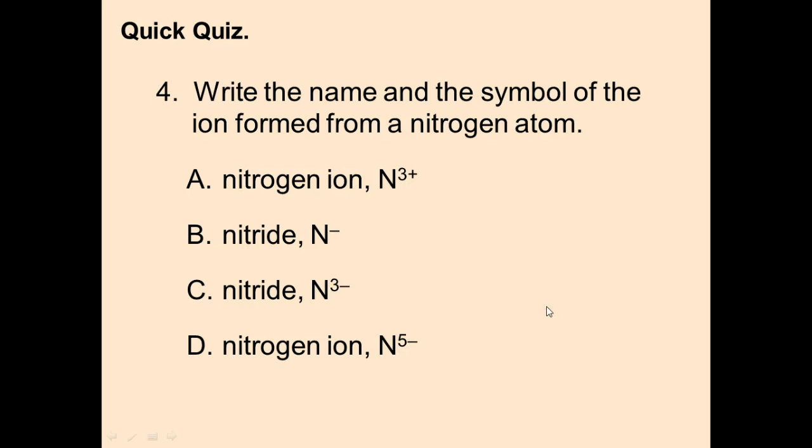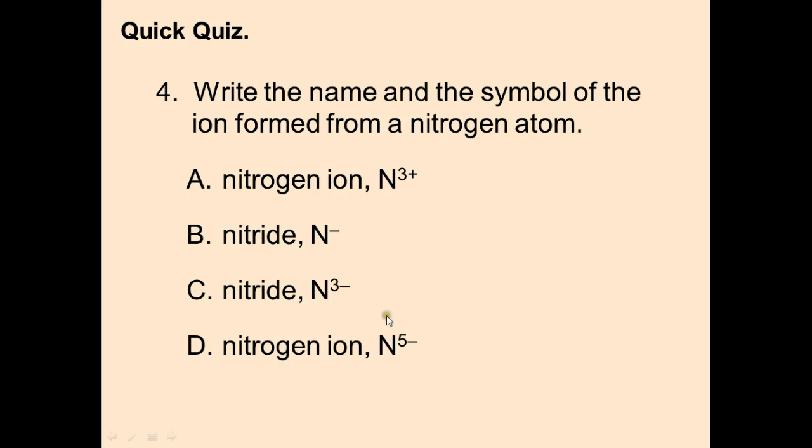So let's just look at nitrogen. Nitrogen is with the nonmetals, so it's most likely going to gain a few electrons. And it's in 5A, so 8 minus 5 is 3, so it needs to gain 3 electrons. So if you gain electrons, you become negative.